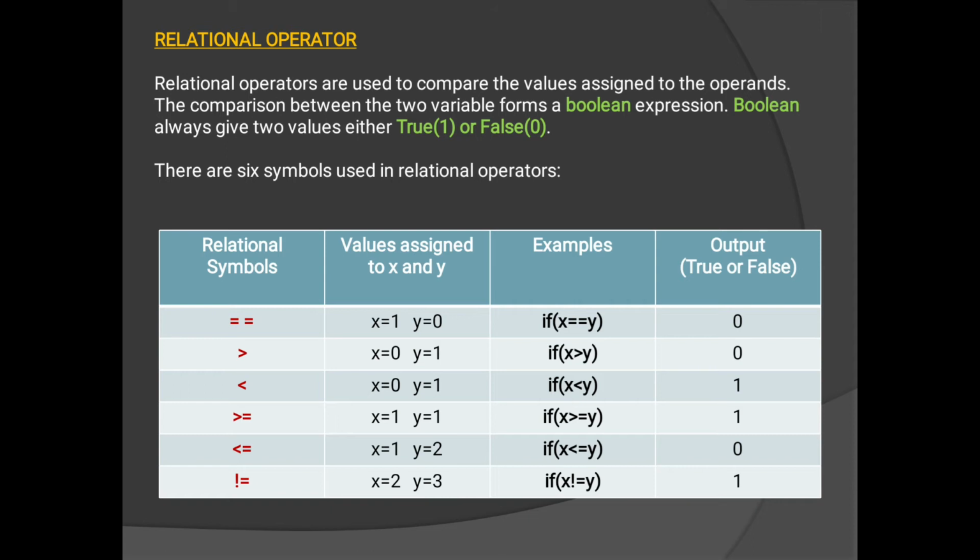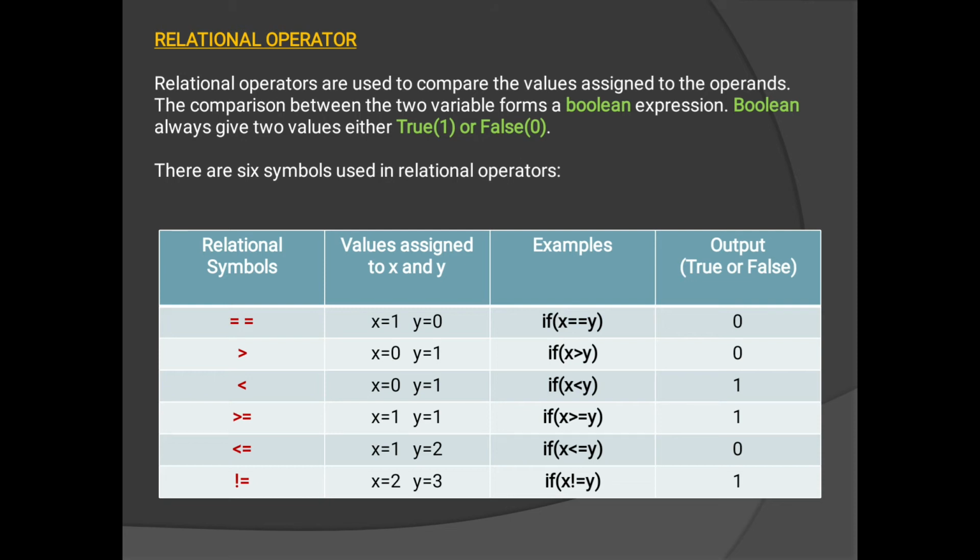Alright. Now less than equal to, x value is given as 1 and y value is given as 2. So here if x, that is 1, is less than 2, yes. 1 is equal to 2, no. But still one of the test conditions is true, less than, right?